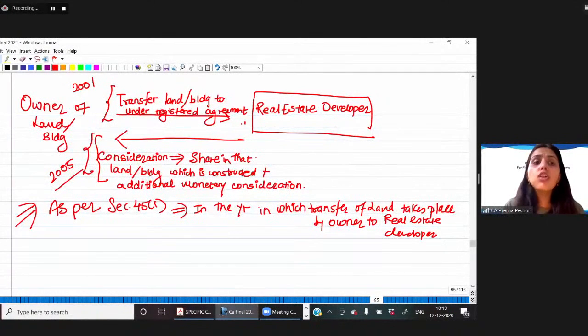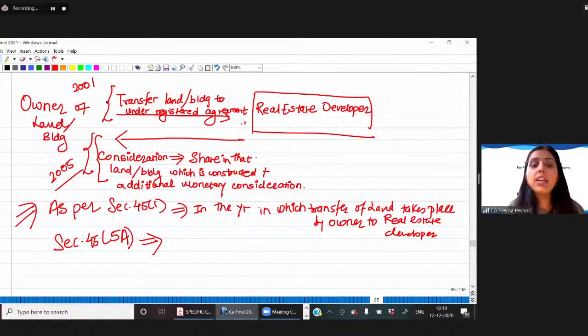Right? So in that case, there will be hardship caused to the owner of the land if capital gain tax is imposed on him at the time of transfer. So to provide relief to the owner of the land, section 45(5)(a) is introduced. What does 45(5)(a) say?